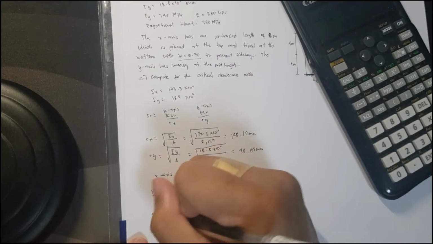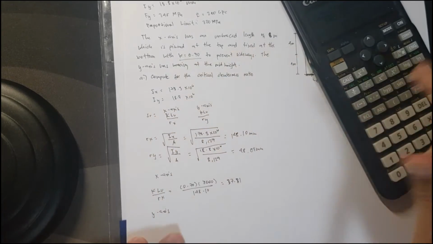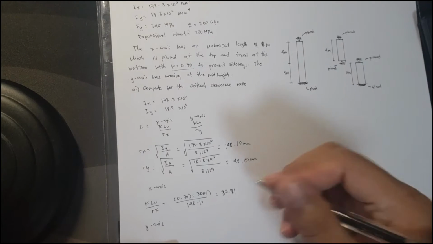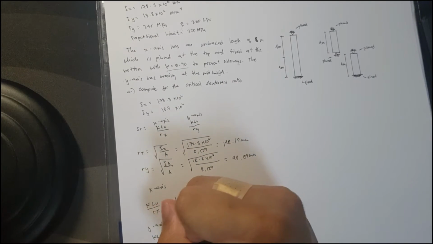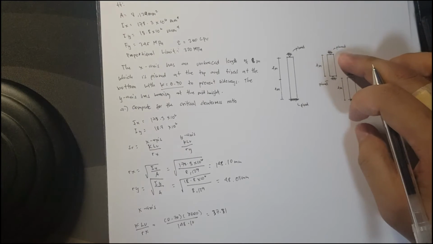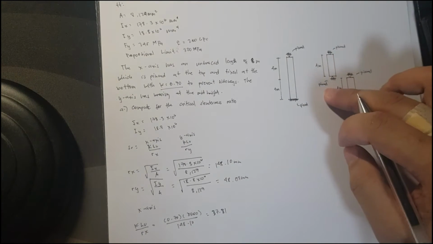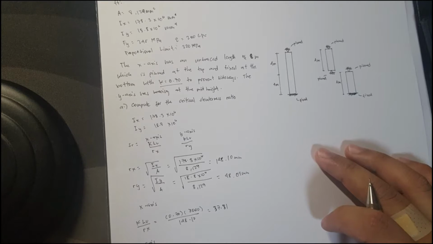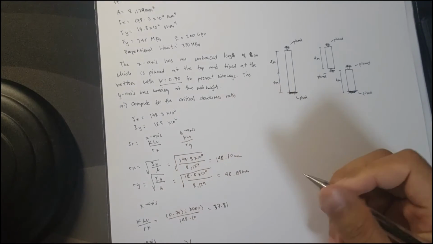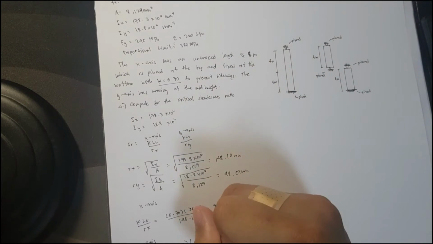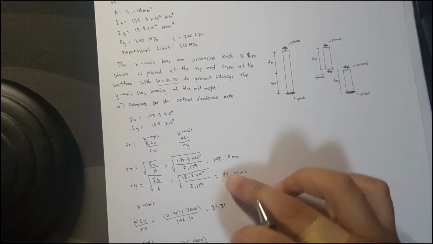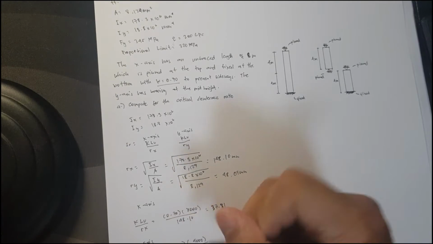So y-axis naman. Y-axis natin nahati siya sa dalawa, di ba? So sa taas muna tayo. K Lu all over ry. So pin tsaka pin, gamitin natin ngayon is 1.0 times yung length niya is 4,000 all over yung nakuha natin 48.09.